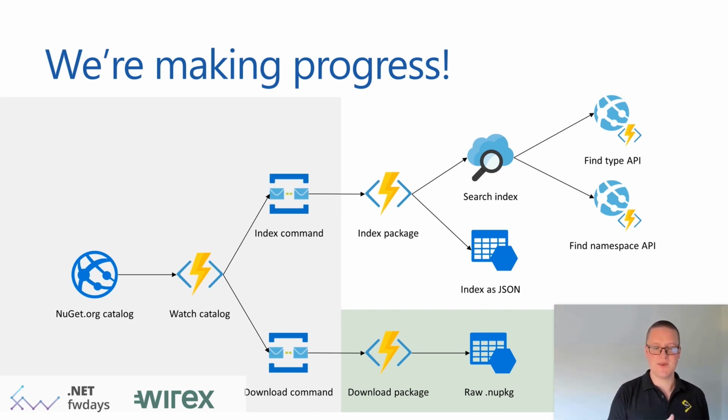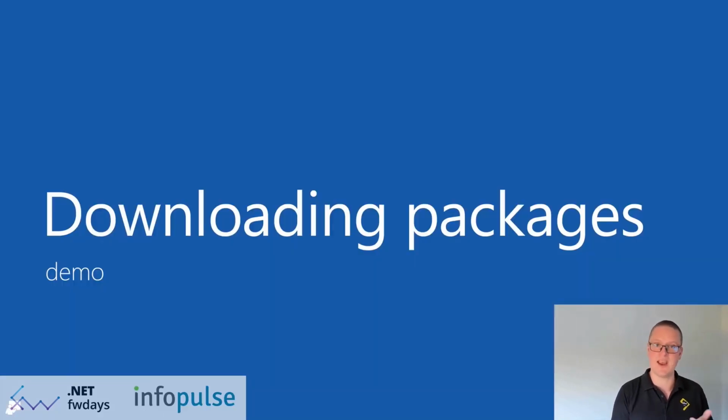The reason is because we first of all want to index and download the package, but second of all, because the NuGet.org catalog watcher is timestamp based, and it means that we can only have one function reading from that catalog, but still at some point we may want to fan out our solution and have multiple indexing functions and multiple downloading functions running at the same time. So that's why we are pushing stuff into a queue, and then those functions can run multiple functions based off of that queue. Anyway, let's download packages using that download queue.